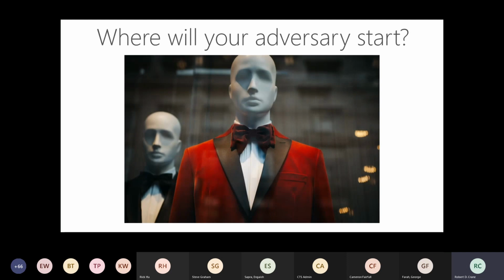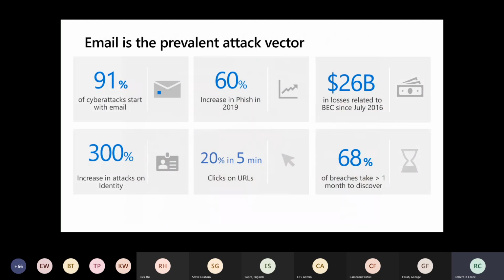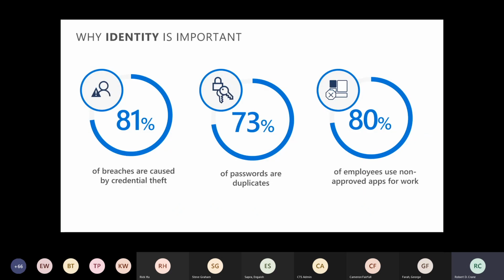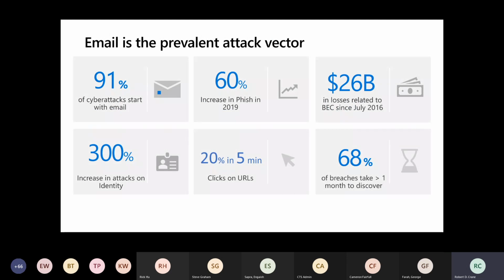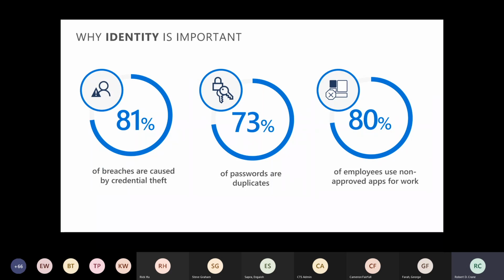So where is the attacker? The people you're up against, where are they going to start? As we've talked about, they are going to start with email. They are going to try and convince people to click, largely on an email, and they're going to get them to try and execute something on the workstation.